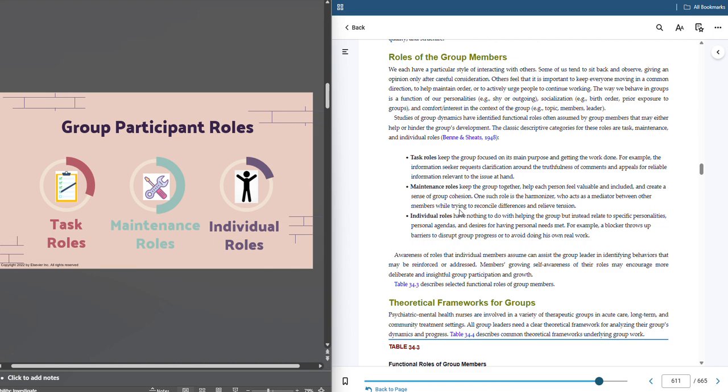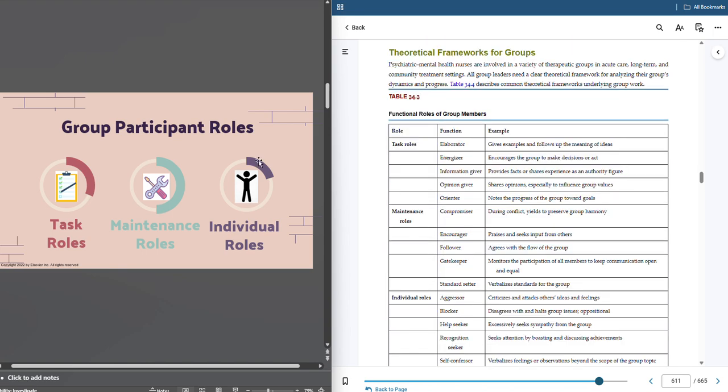Task roles keep the group focused on the main purpose. The maintenance roles keep the group together and help others feel included. And then you have individual roles. This relates to specific personalities, personal agendas, and having personal needs met. Table 34.3 on page 611 digs deeper into this.